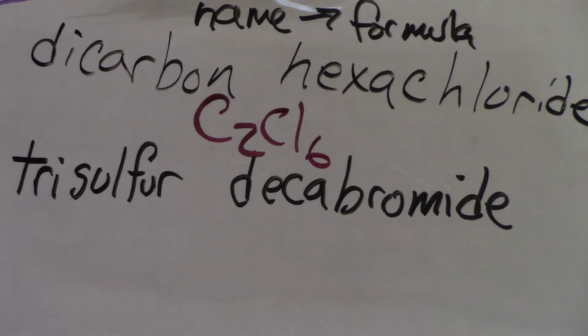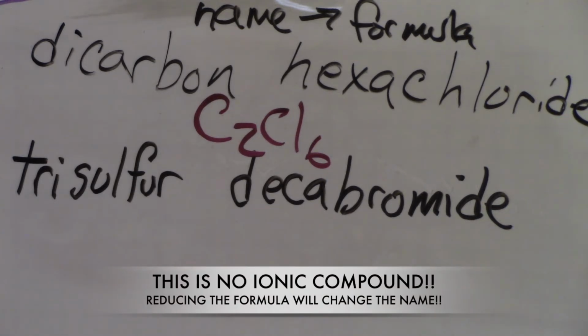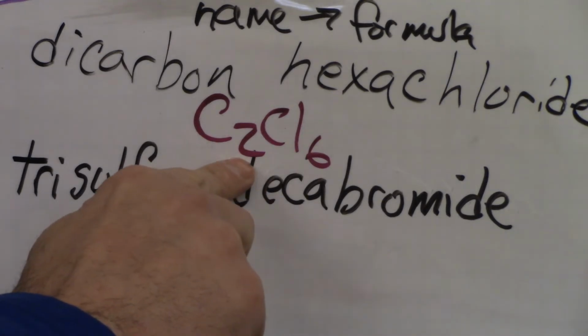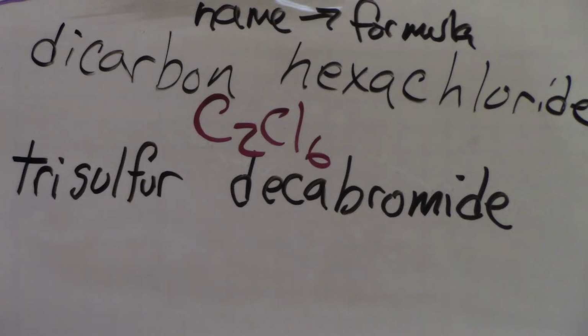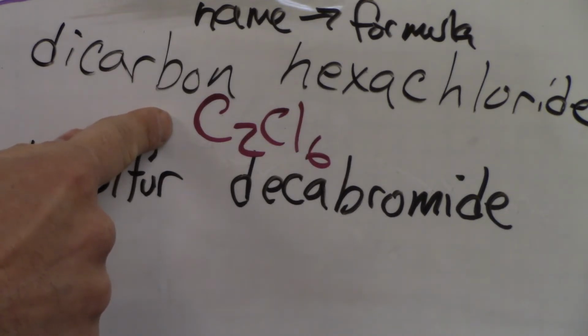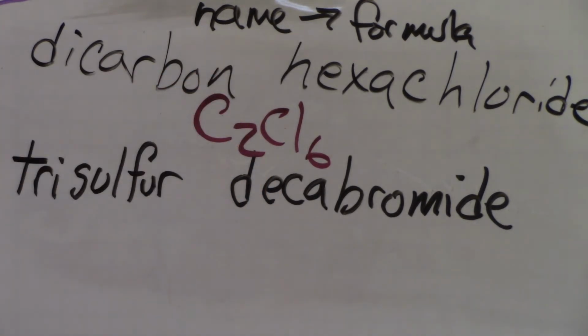Now, you have to remember this. Don't simplify or reduce the formula. Do you see how in ionic compounds you can totally take the 2 and 6 and reduce them, so it would be CCl3? Well, then that would be carbon trichloride, and we don't want carbon trichloride. We want dicarbon hexachloride, so you cannot reduce.